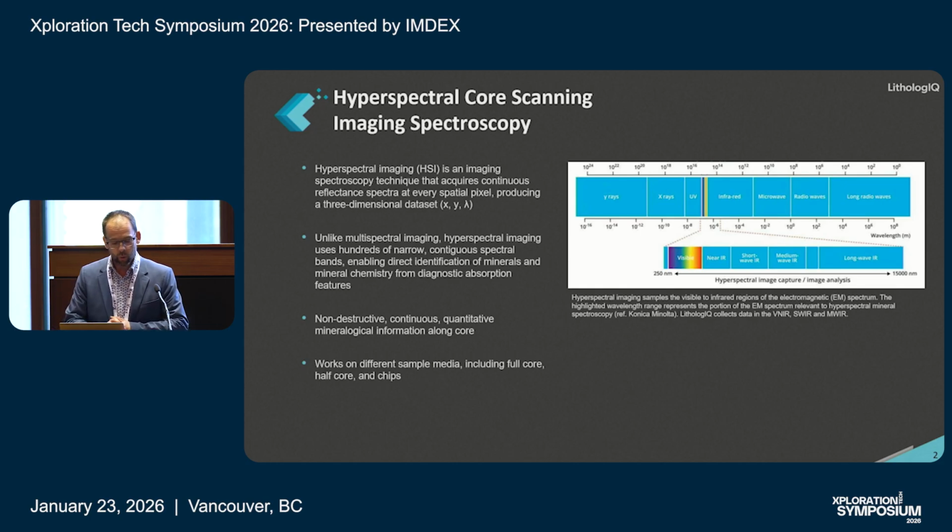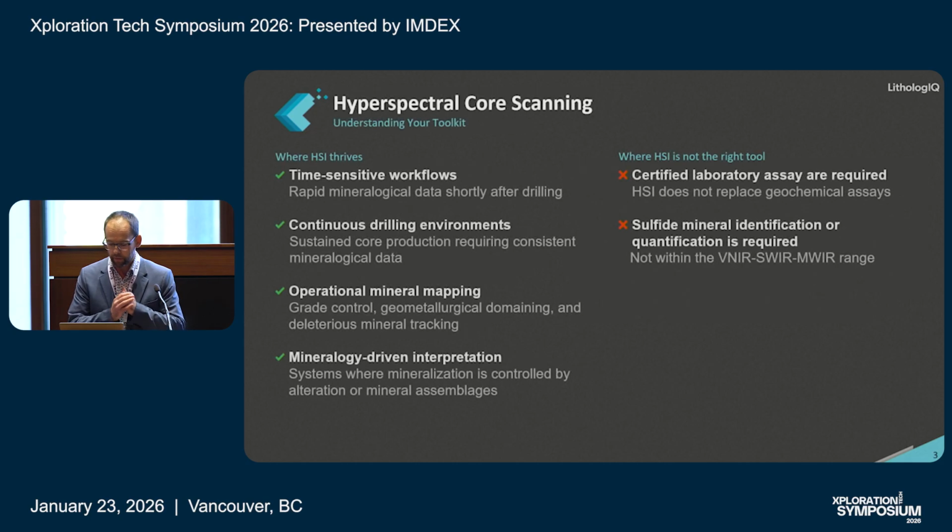The main characteristic is the speed and ease of calibration and core sample prep. It's also very tolerant of different types of samples you're scanning: split core, full core, chips. It's easy to deploy.